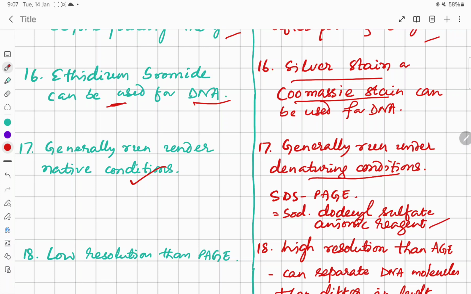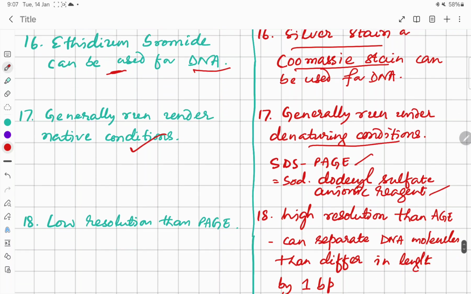So SDS-PAGE it is called for separation of proteins.